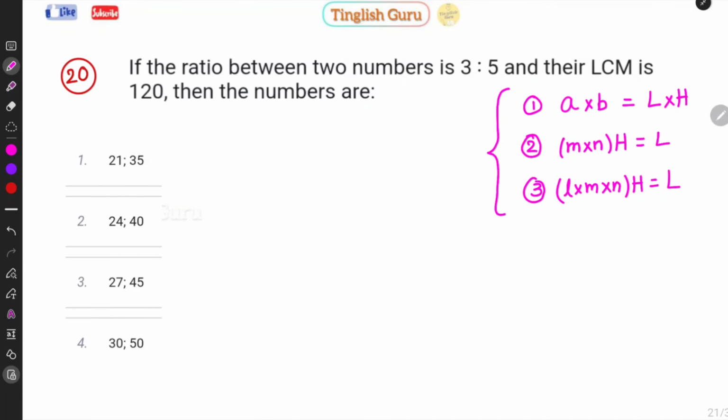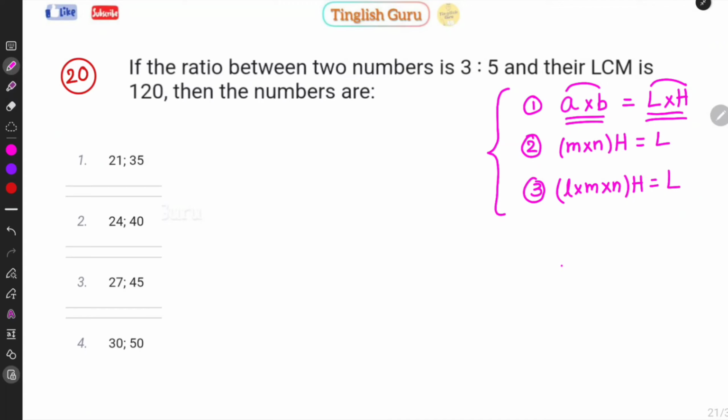Next bit. So here in this bit, first of all learn three concepts. If there are two numbers a and b, then the product of the numbers is equal to the product of their LCM and HCF.